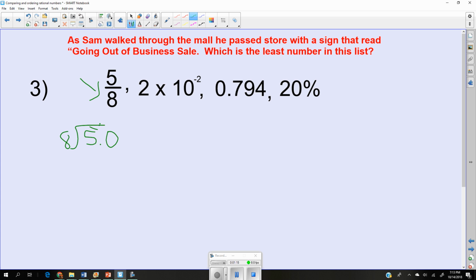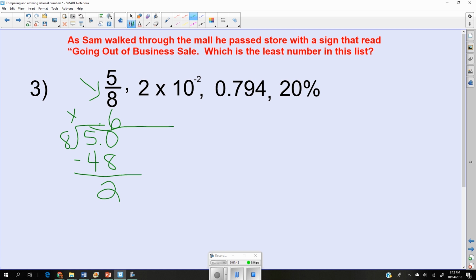Put our decimal point up there, extend this line a little bit. 8 times what is close to 50? 8 times 8 is 64, that's too big. 8 times 7 is 56, that's too big. But 8 times 6 is 48, which is perfect. So we multiply 8 times 6, write down 48, and when we subtract, 50 minus 48 is 2.